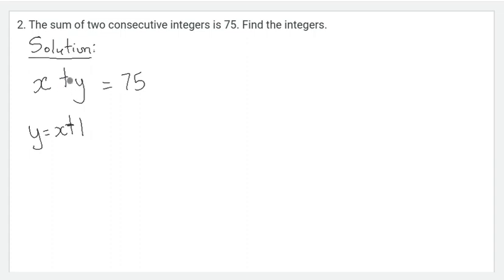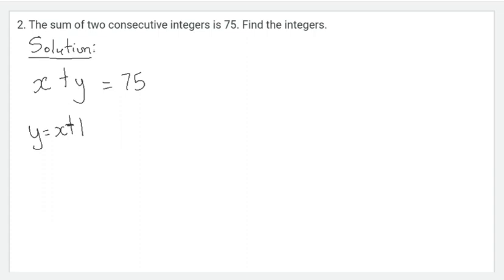If 207 is x, the next consecutive number to it will be 207 plus 1, which is y, and that's 208. So 207, 208. I hope you get the gist. So y is equal to x plus 1.